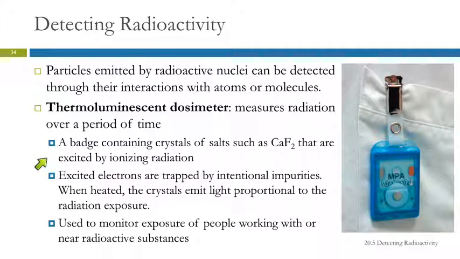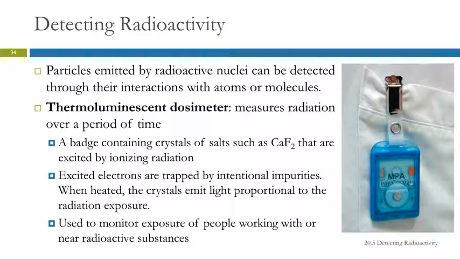So the way this works is the badge contains crystals of salts, such as calcium fluoride, that are excited by ionizing radiation. So the salt is sensitive to ionizing radiation. And the salt that they put in there has impurities in it that were intentionally put in there that will capture those excited electrons.